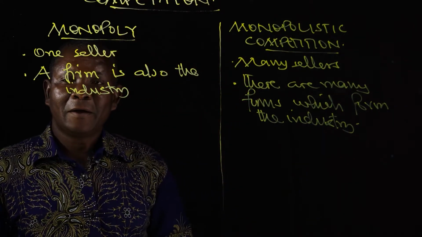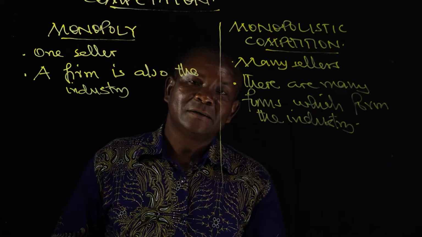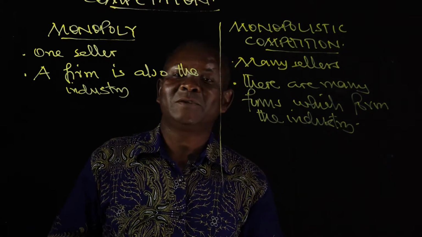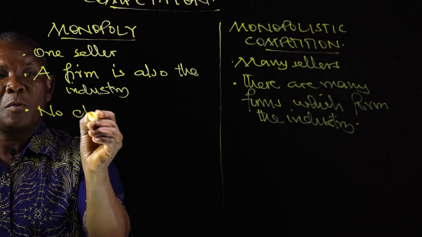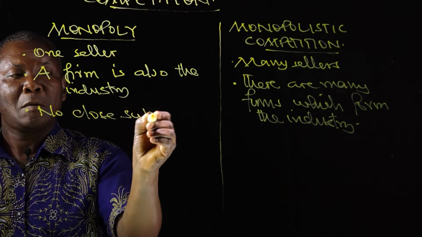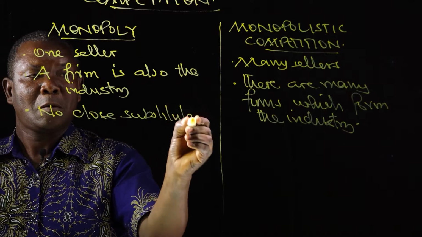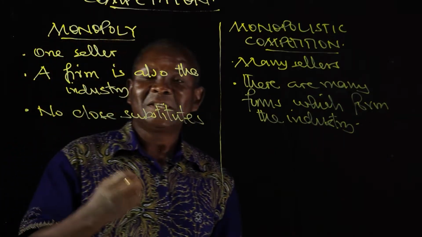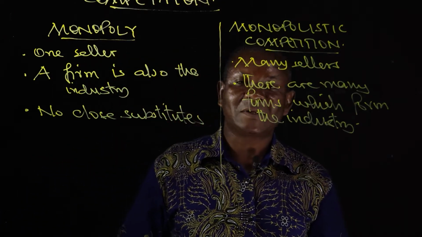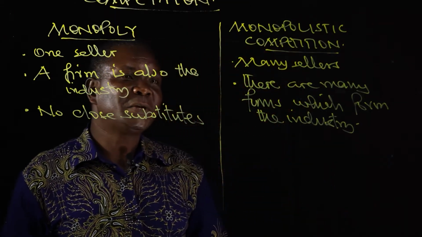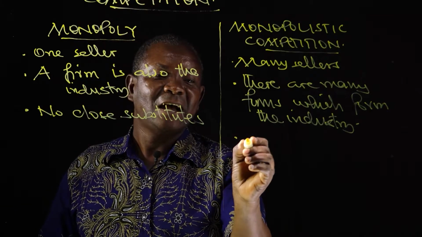Under monopoly, we said that there are no close substitutes. The monopolists produce goods which have no substitutes, while under monopolistic competition, commodities are differentiated.